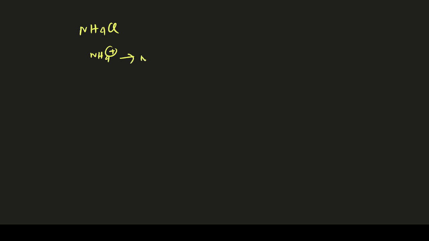Our salt is NH4Cl, and this NH4 plus comes from NH4OH, which is a weak base. So it is the weak component, and the weak component will react with water for salt hydrolysis.